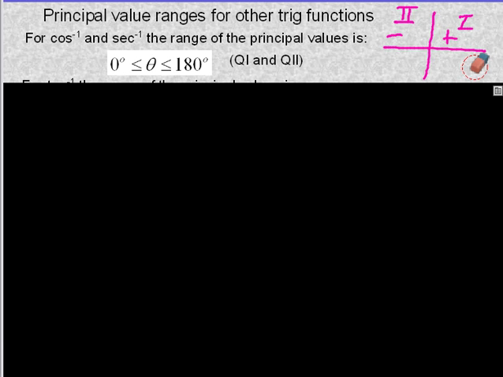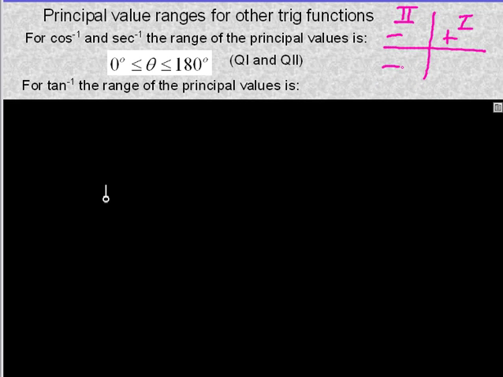In quadrant 3, it's also negative for cosine and secant, but because quadrant 2 has a smaller absolute value, the angles come out of quadrant 2.